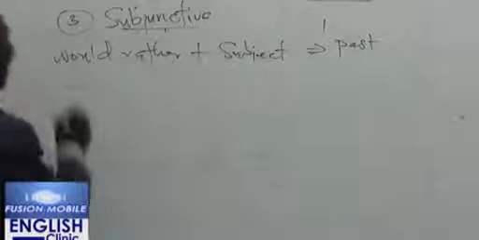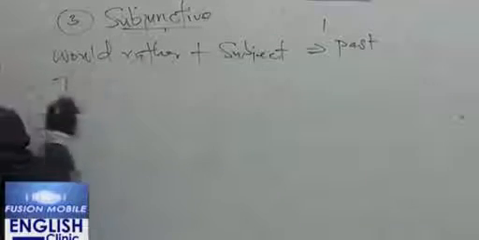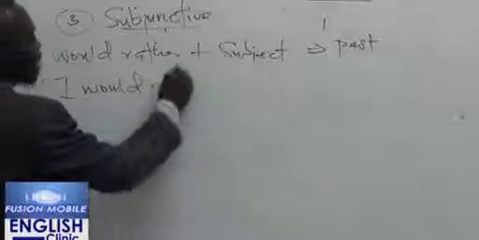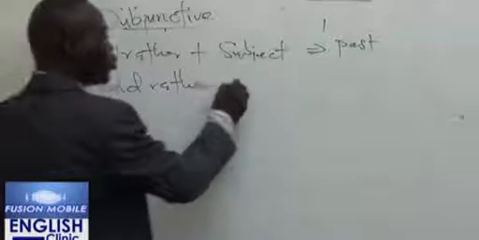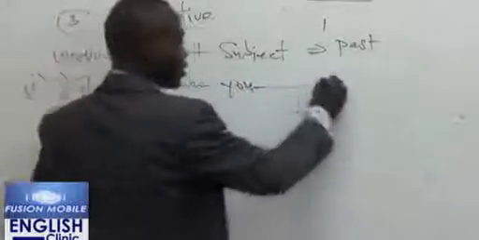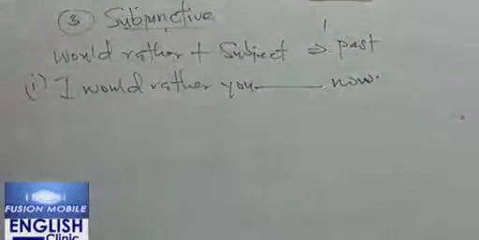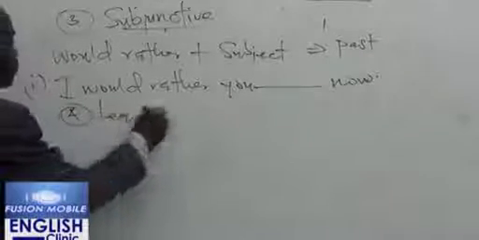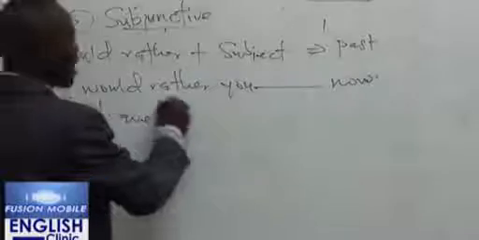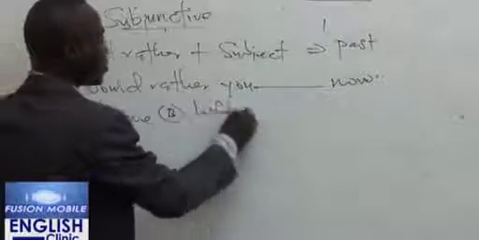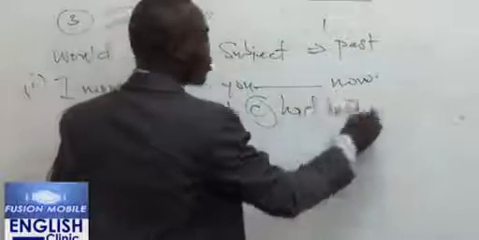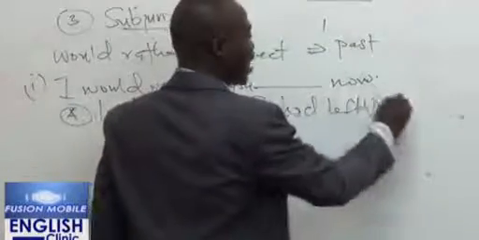For instance, I have this expression, I would rather you dash now. A, leave. B, let. C, had left. And D, is leaving or are leaving.